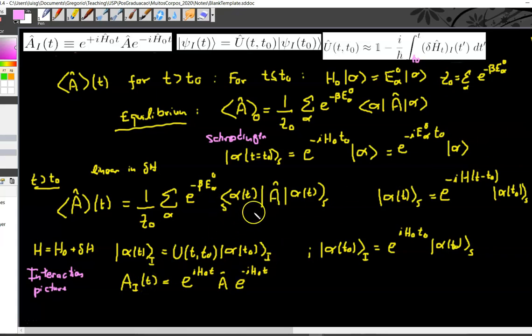Essentially calculate this expression and put it in the interaction picture. And we know how to invert this: any state in the Schrödinger picture is going to be e^{-iH_0 t} times the state in the interaction picture. Okay, we know that from the previous class. So let's write this.